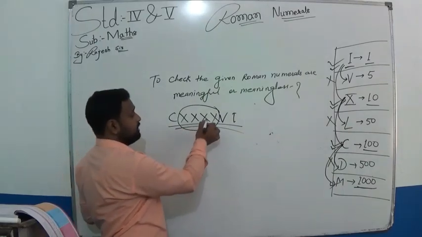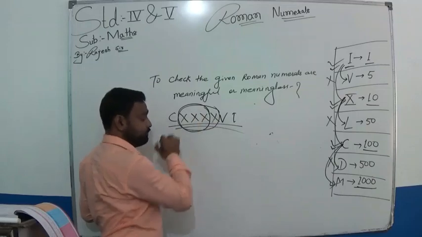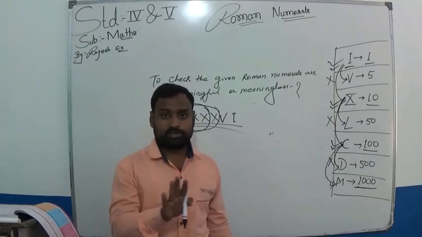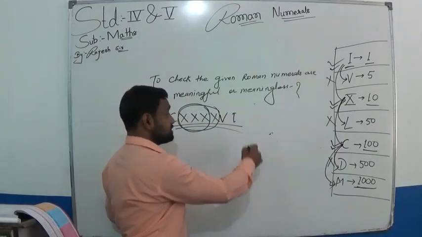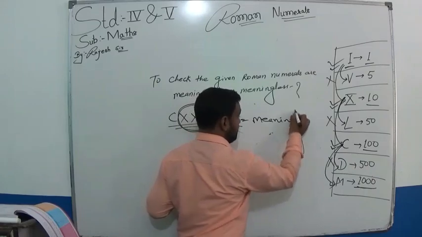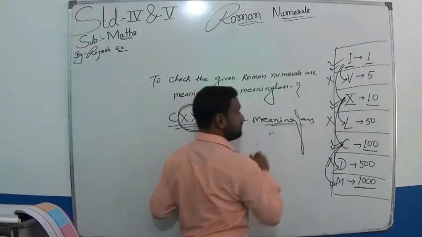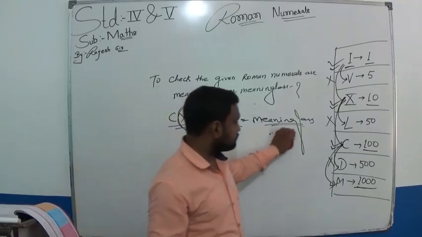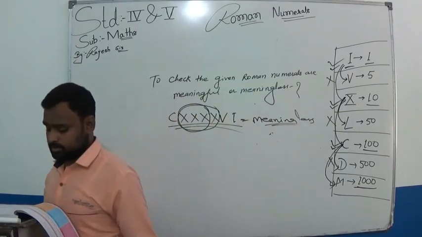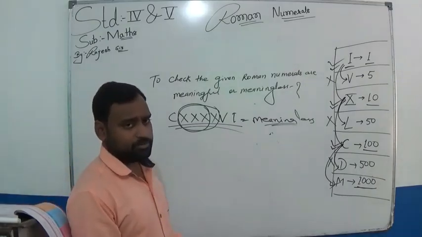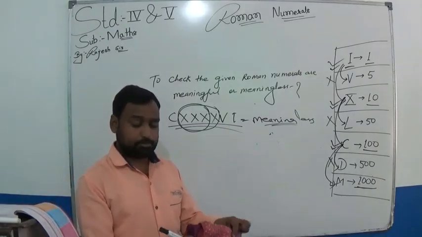We know very well that in Roman numerals we can repeat a symbol only 3 times, not more than 3 times. That's why it is meaningless. Clear? You can solve all these types of questions from your exercise.